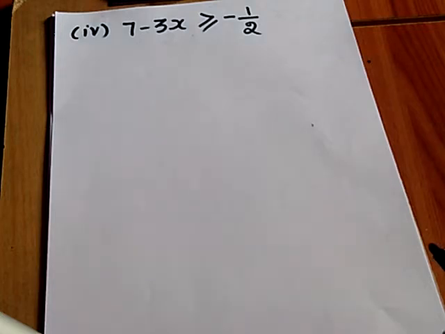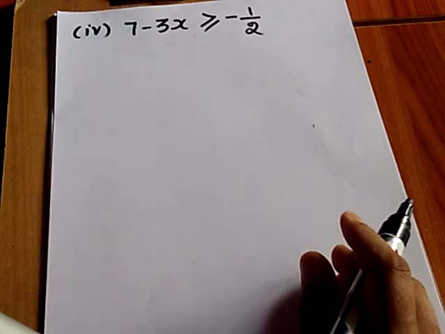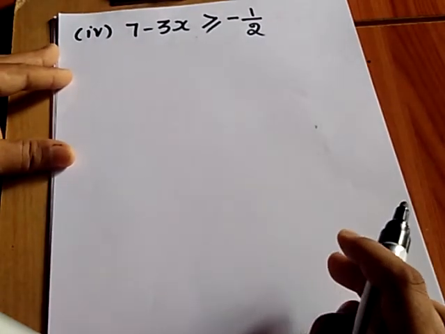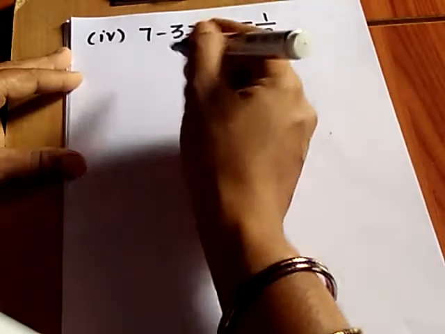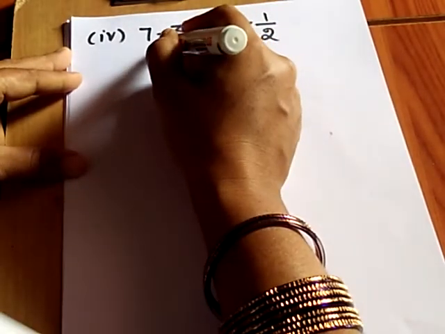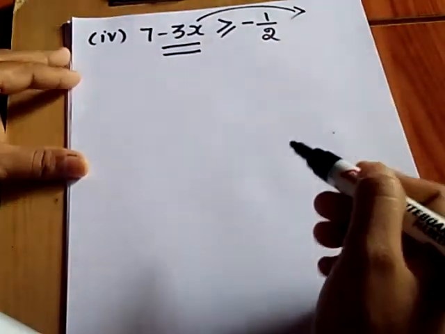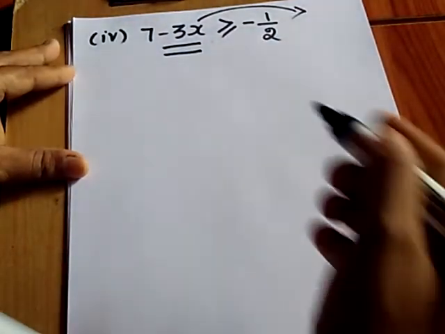Next is sub question 4. Sub question 4, it is 7 minus 3x greater than or equal to minus 1 by 2. So as I told you children, again here we have minus 3x. I will be shifting it to the other hand side to keep my value positive.